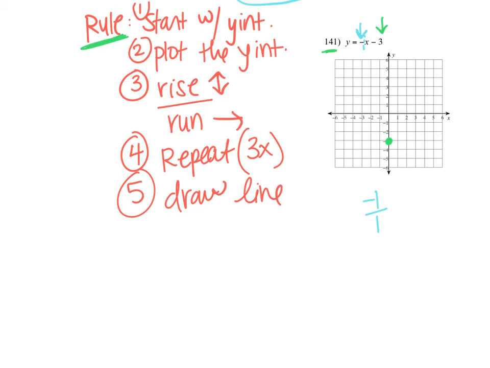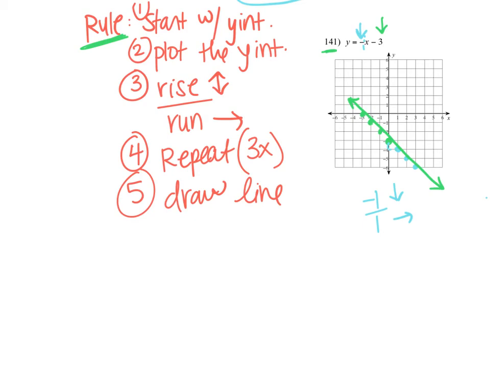So I'm going down 1 to the right 1, down 1 to the right 1, down 1 to the right 1. Once you see the pattern, you can, in fact, go backwards. So up 1 over 1, up 1 over 1, up 1 over 1. And once you have enough points, I only need 3, but if you want to be precise and have more, by all means, do as many as you can.